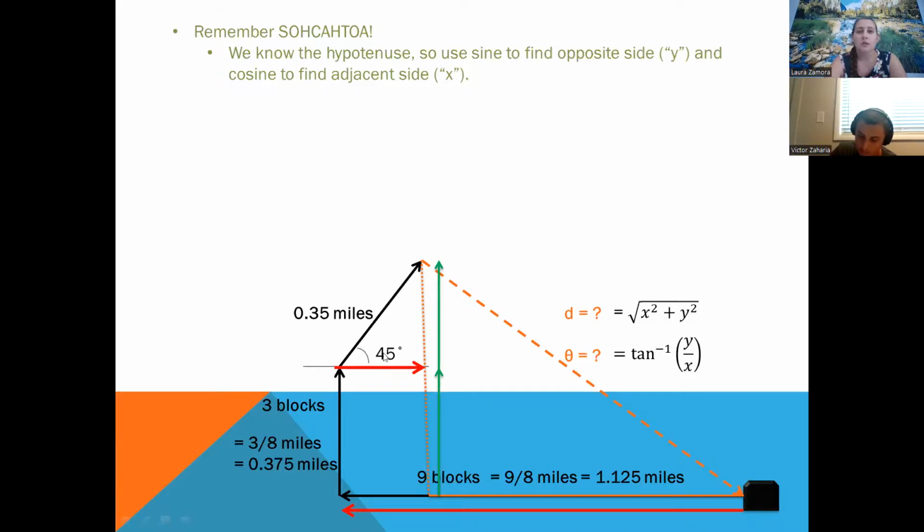So we can use the sine of the angle to find the side that's opposite. Remember, SOH CAH TOA, sine is opposite over hypotenuse. And then we'll use the cosine to find the side that's adjacent. So SOH CAH TOA, cosine is adjacent over hypotenuse to find that x component.